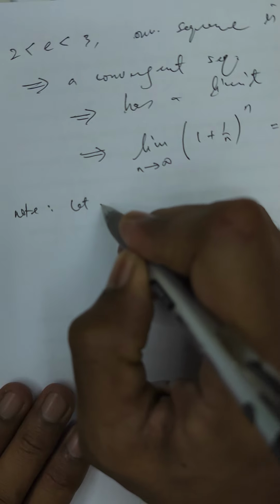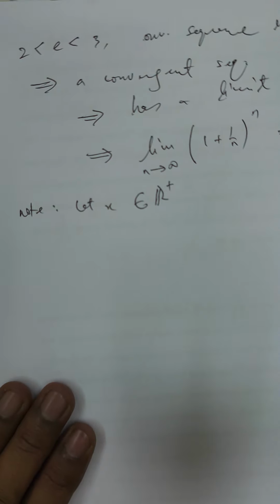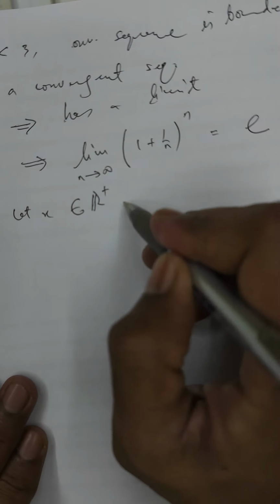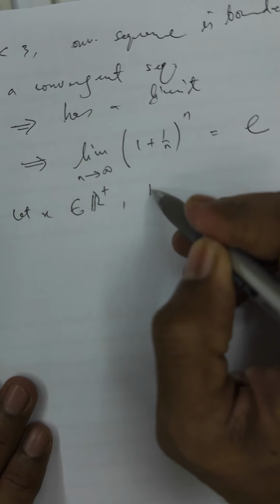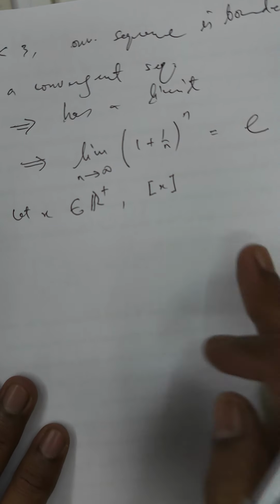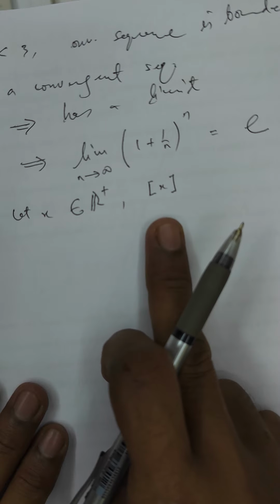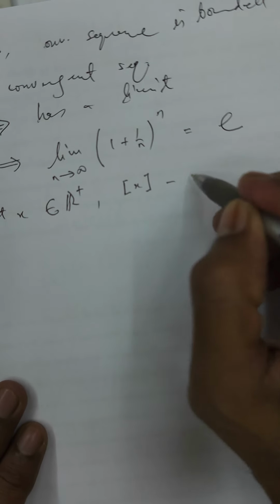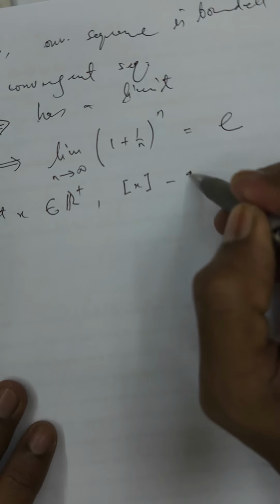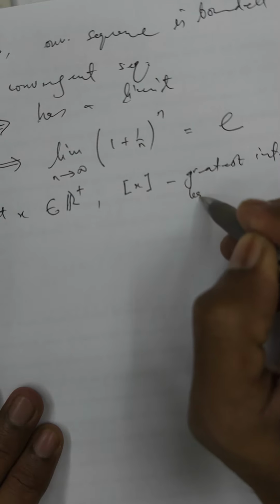So x be any positive, let's say, real number, and we take the greatest integer less than x, the greatest integer less than x.